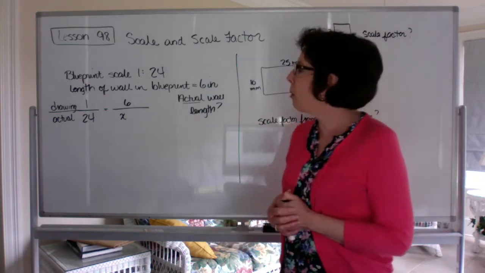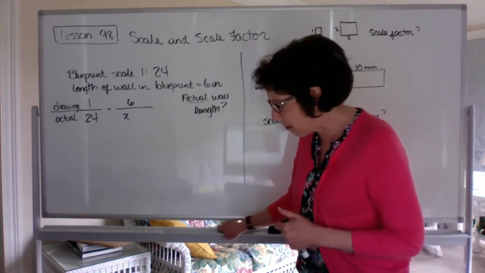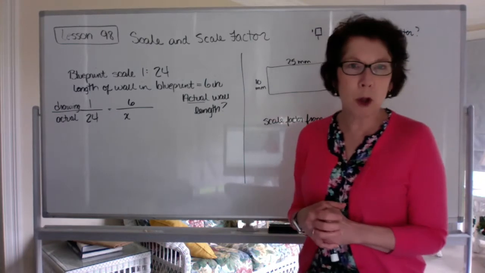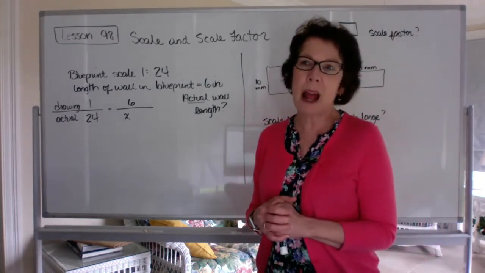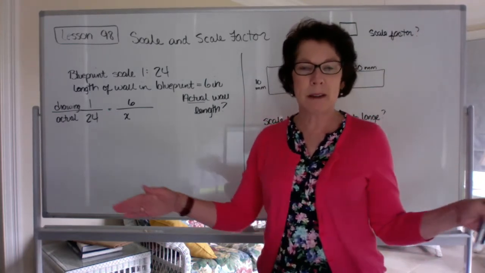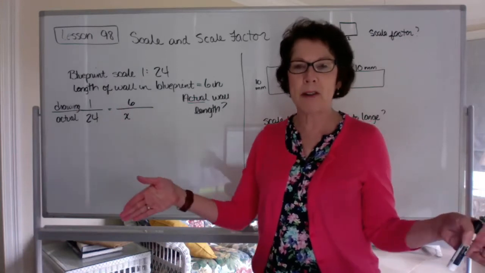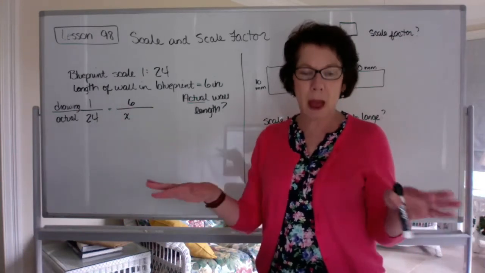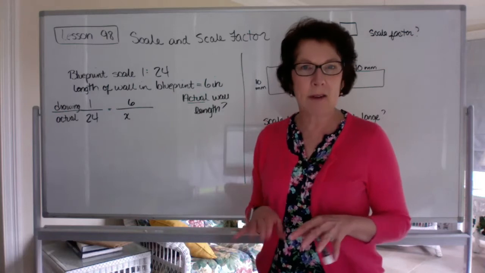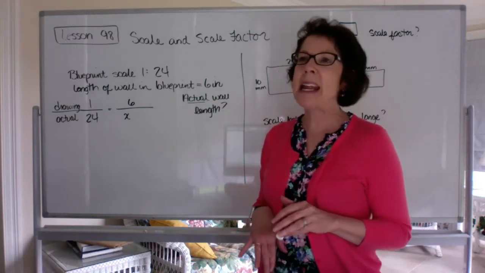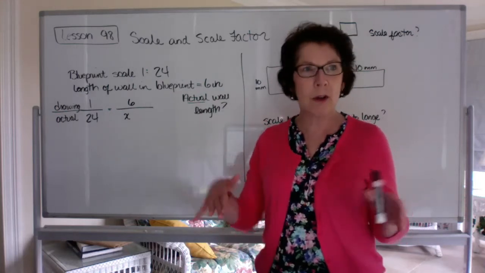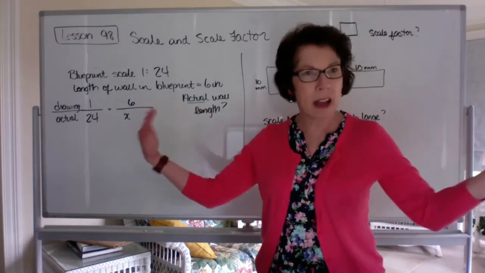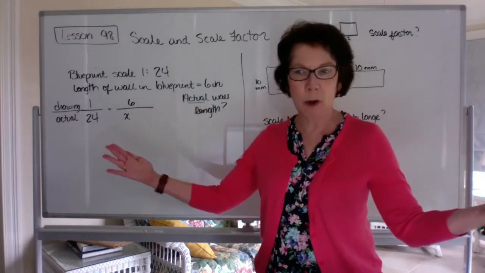One example of scale is if you have a blueprint for a house. If you're building a house, there's a blueprint. It's a piece of large paper, usually multiple pages, that gives you a picture of the layout of a home, and it is proportional to the layout of the actual size home you're going to build.